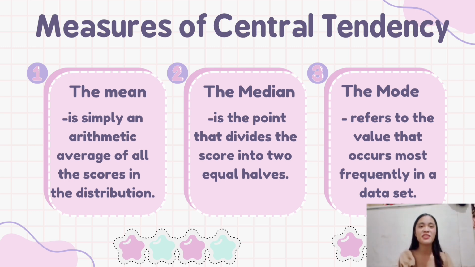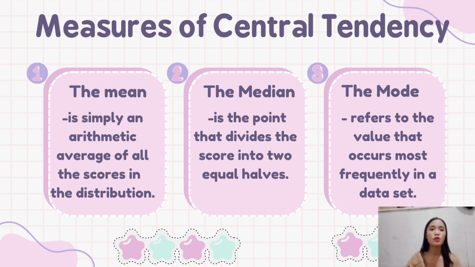The median divides the dataset into two equal halves with 50% of the data values falling below it and 50% above it. The mode focuses on frequency rather than numerical position or averages, making it particularly useful for categorical data.